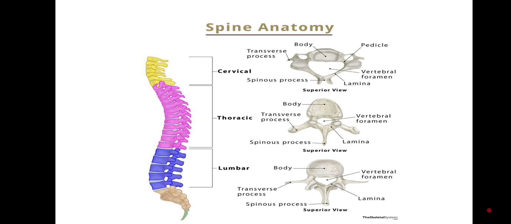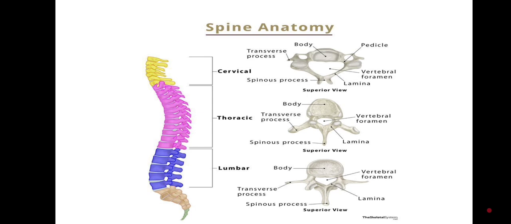Then we can see the lumbar vertebrae in the blue color. So it has a large vertebral body similar to a kidney shape, and it's the largest and the strongest vertebra. It lies from L1 to L5 and it makes our lower back.